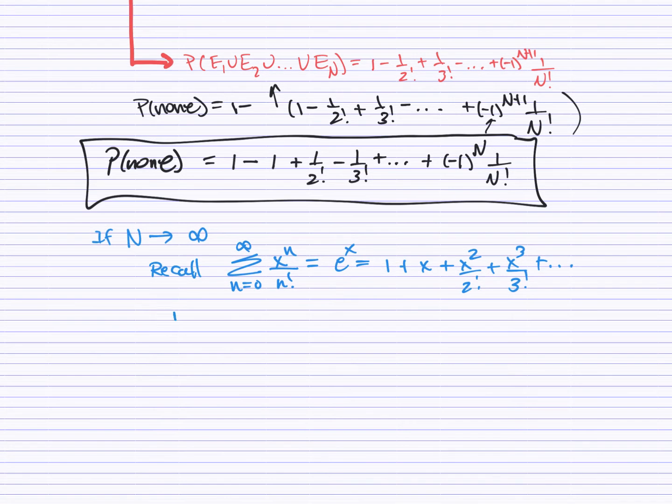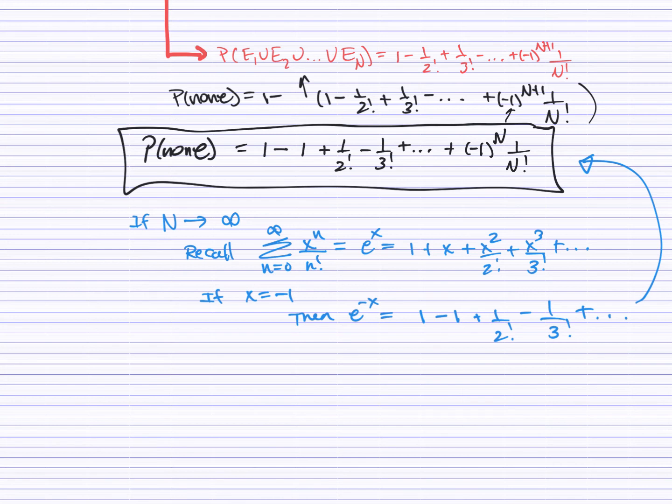Now, if x is equal to -1, then e to the -1 should be equal to 1 minus 1 plus 1 over 2 factorial minus 1 over 3 factorial, and so on. Yes? Which is, by the way, what this thing is headed towards as n gets to infinity.